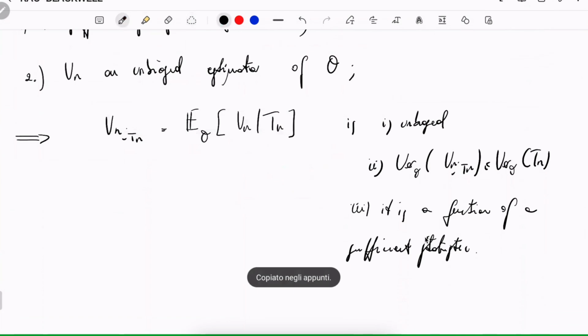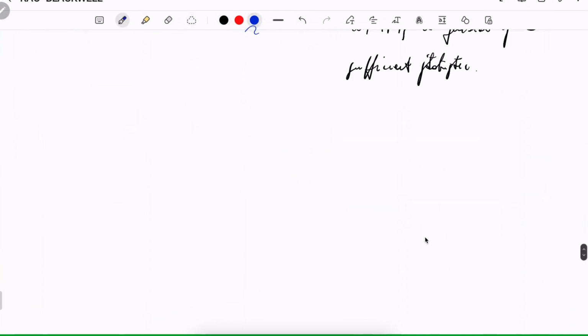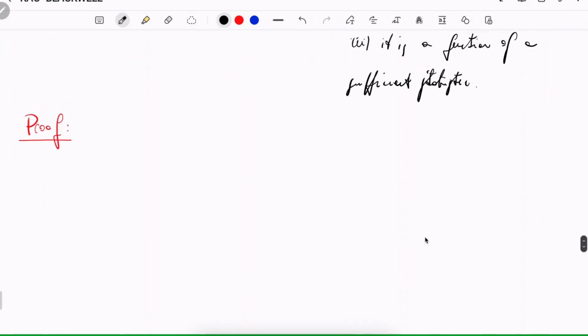Now, the proof is extremely simple. It just follows from probability theory properties. So recall, my professor used to write a memo, but I think this is more an Italian thing.